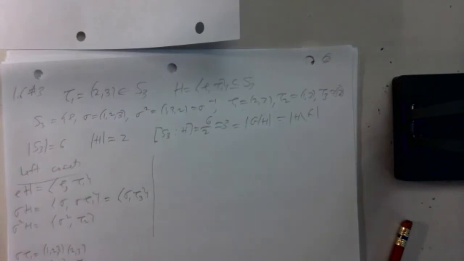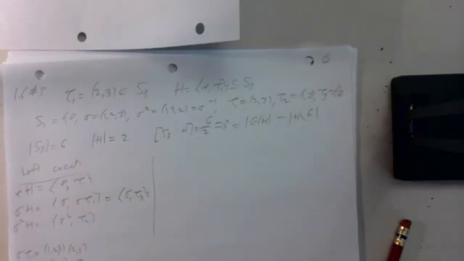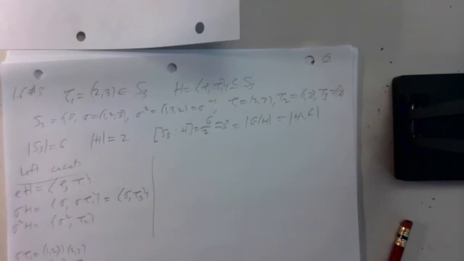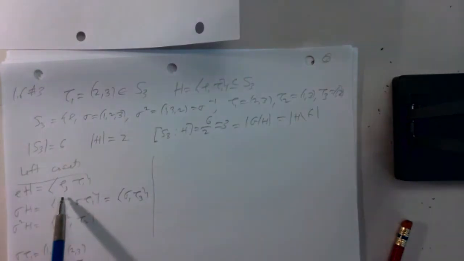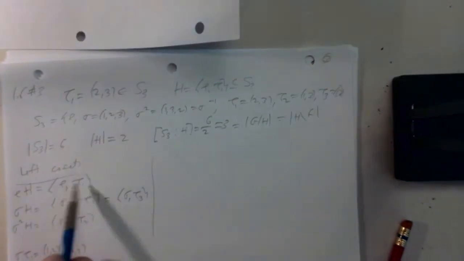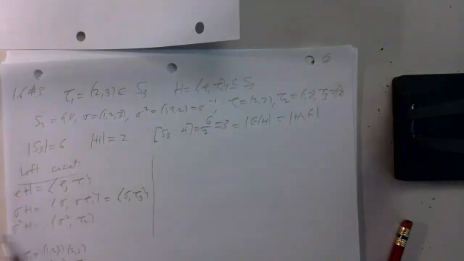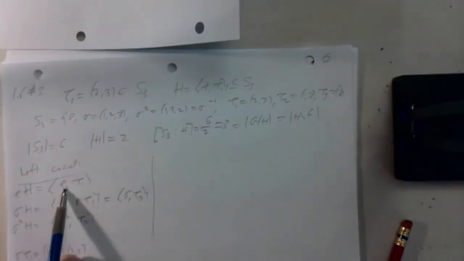Why are you pairing E, sigma and sigma squared with H and not, say, tau 3? Random choice. Doesn't matter. I mean, EH is obvious because H is a left coset. So I take E and tau 1. Then what's another left coset? Well, take H and multiply it by something that's not one of these two.